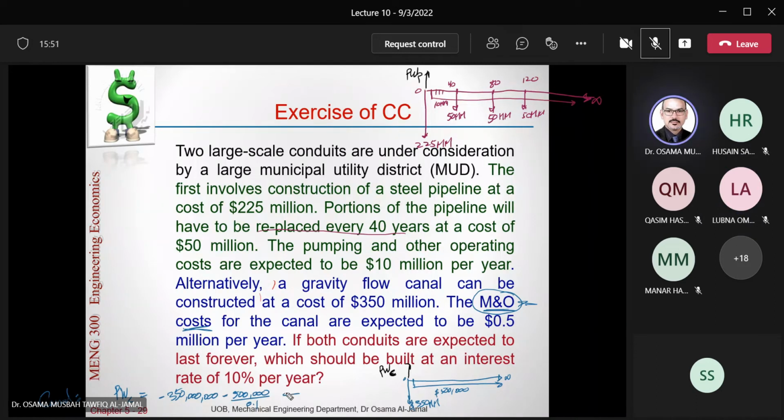We don't have to write the A given 10%, N is infinity. Since it's infinity, we don't have to write it. Directly, you can substitute into this. So that will equal negative 355 million.